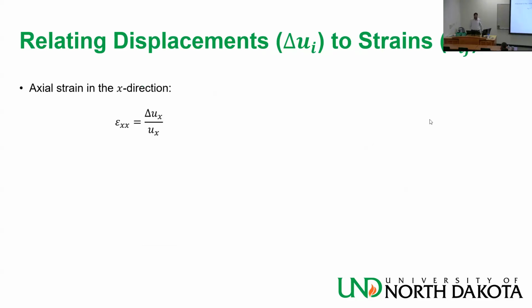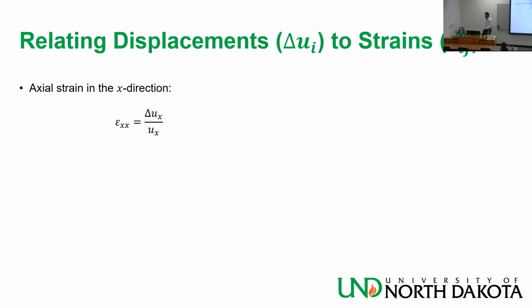Let's see. Axial strain in the x direction, you have epsilon xx, which is the change in ux. If something is u, and it becomes bigger in the x direction, the change is delta ux. And then I need to divide by the original one, what it was before.